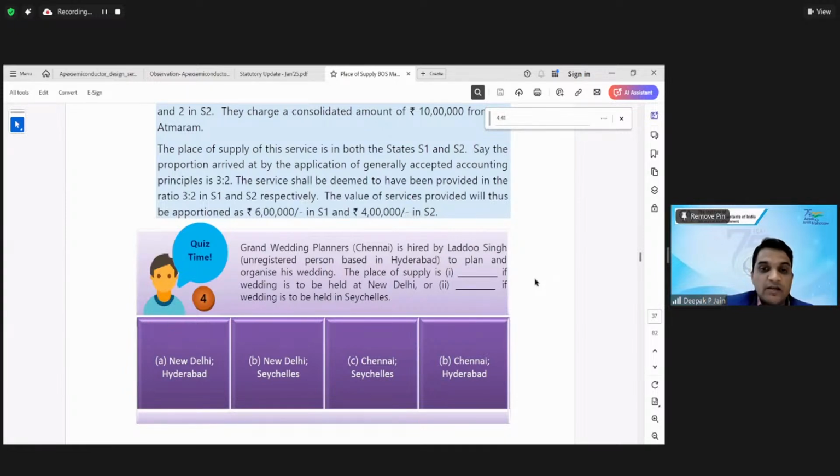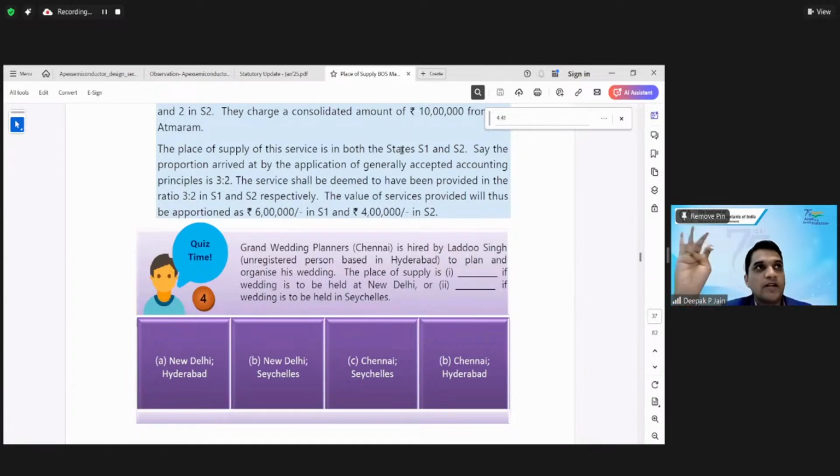So wherever the recipient is, that becomes the place of supply. In the second case, the wedding is held in Seychelles. If it is held outside India, the place of supply will not go out. The place of supply will be the place where the recipient is located. Where is the recipient located? Hyderabad. So the answer in the second blank is Hyderabad. If it is to an unregistered person within India, then it is the place where it is being held. And if it is outside India, then it is the place where the recipient is located. It doesn't become Seychelles, because Seychelles is a country which is not in India.